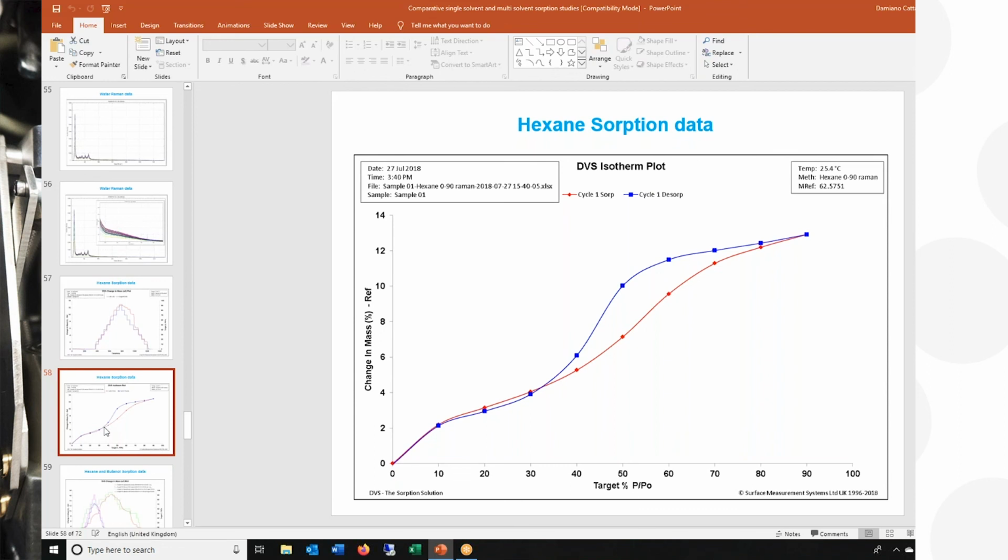However, you can have phenomena in which the desorption stages are lower than the absorption stages. It's not uncommon. Probably not for this sample, but for other types of sample you can see this phenomenon, and it is usually related to a transition or a change in the structure of the sample.